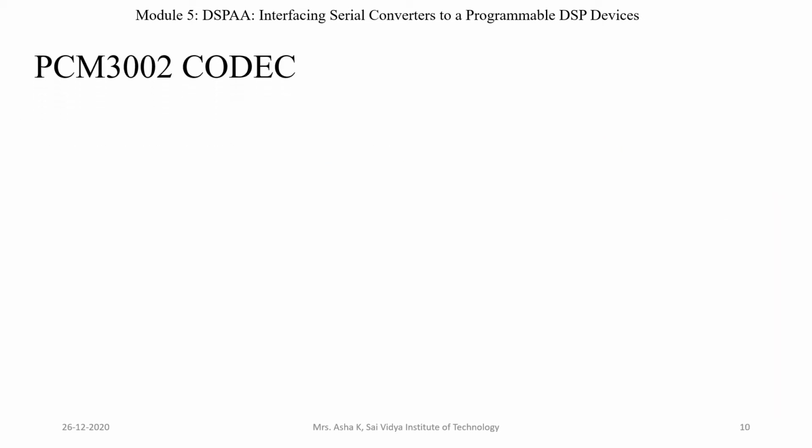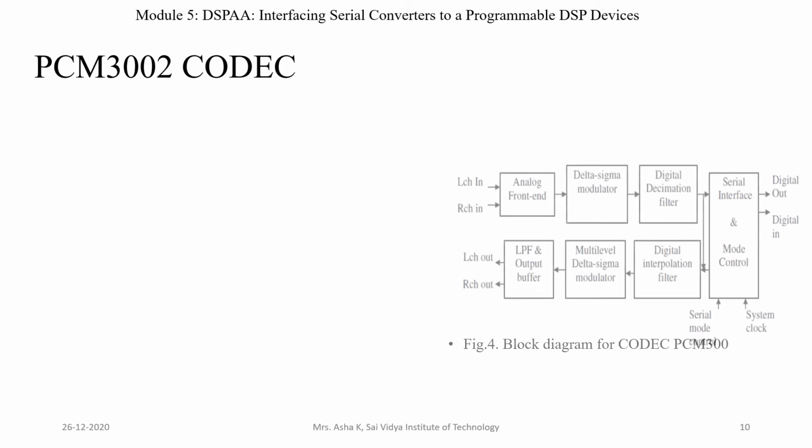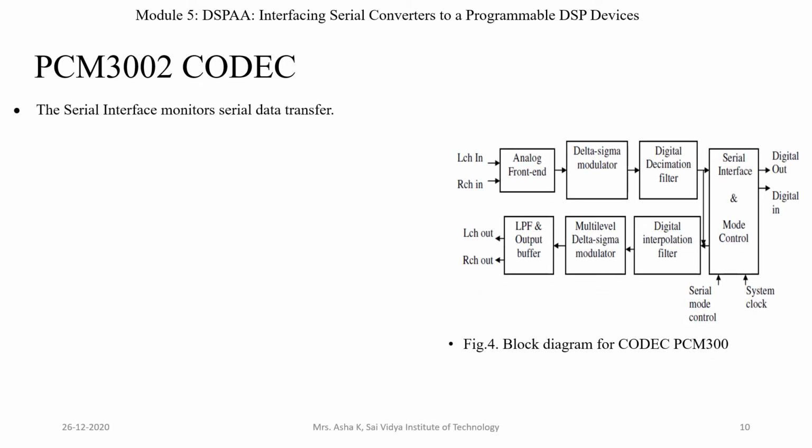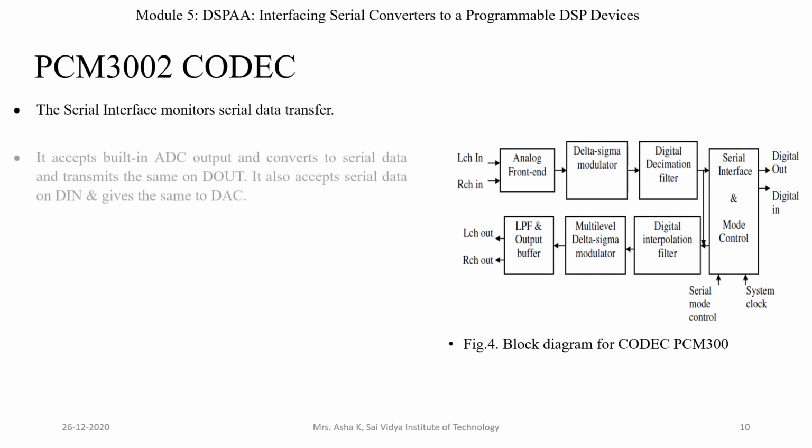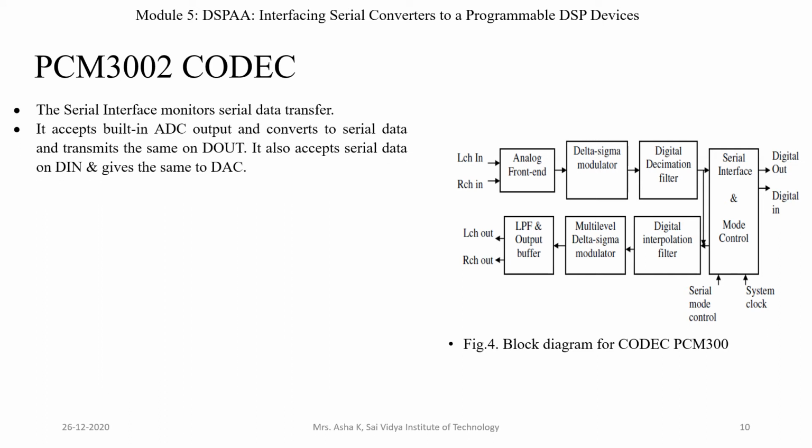In the PCM3002 codec block diagram, we have a serial interface to transfer the data serially. It accepts the built-in ADC output, converts it to serial data and transmits the same on the data output. It also accepts the serial data on the data input pin and gives the same to the DAC, that is, the digital to analog converter.